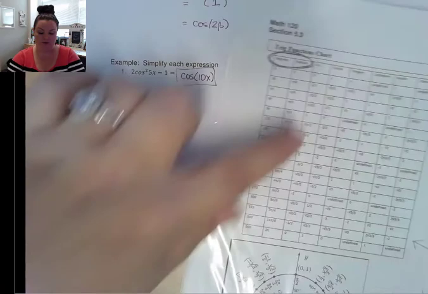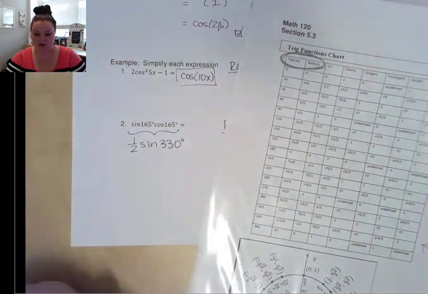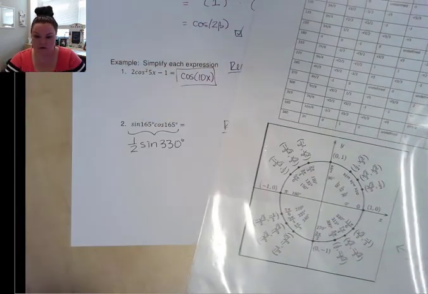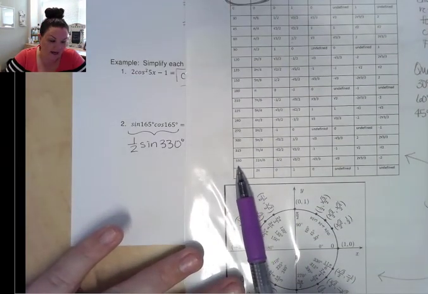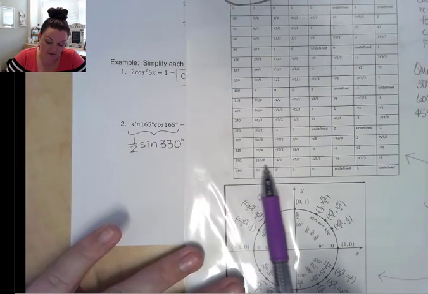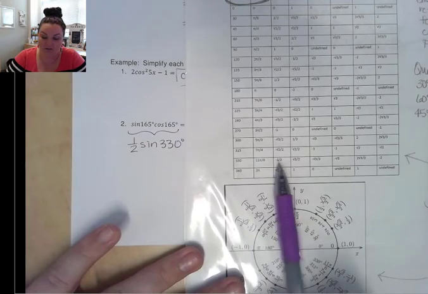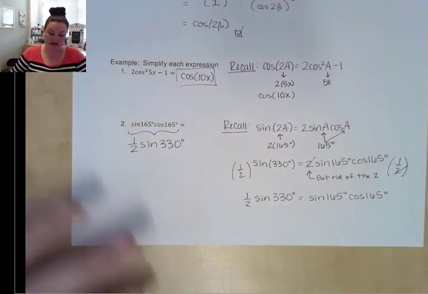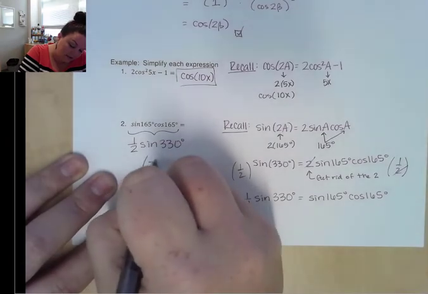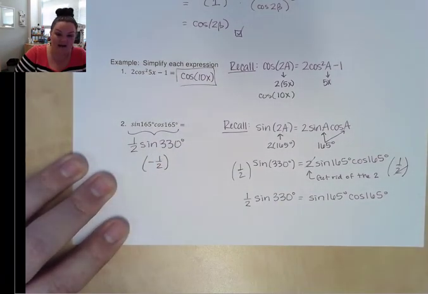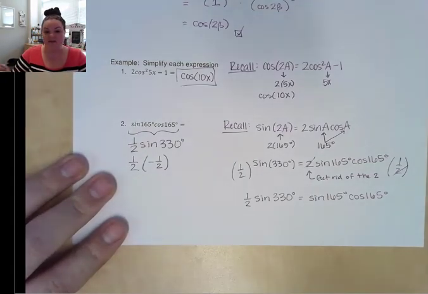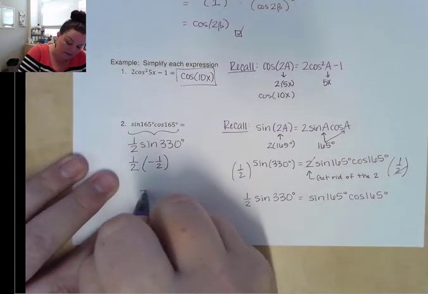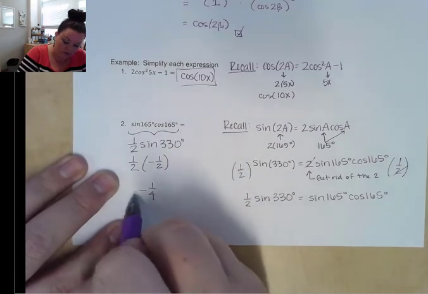You can either use the graph or you could use the unit angle. But if I look up 330 degrees and I go over to find the sine value, I can see that it should be -1/2. So sine of 330 degrees is -1/2, and then I'm taking half of that. So 1/2 times -1/2 gives me -1/4.